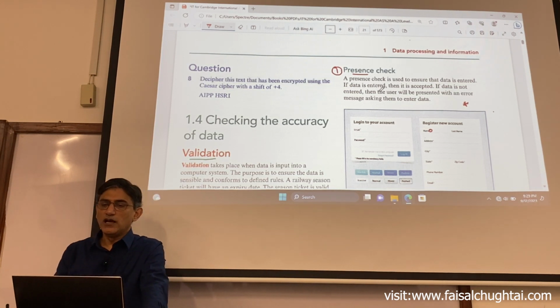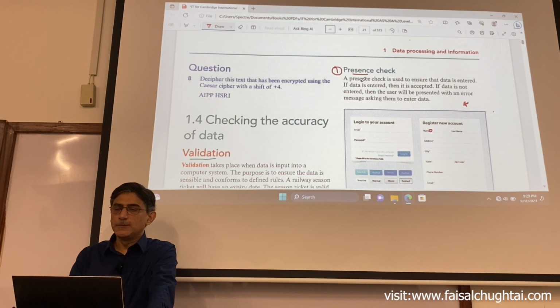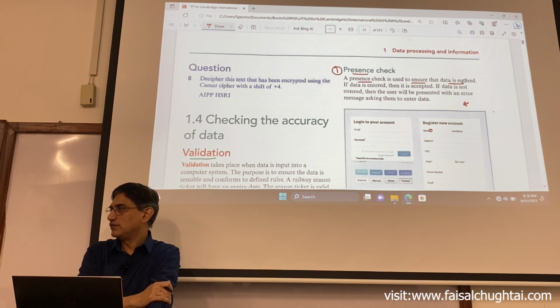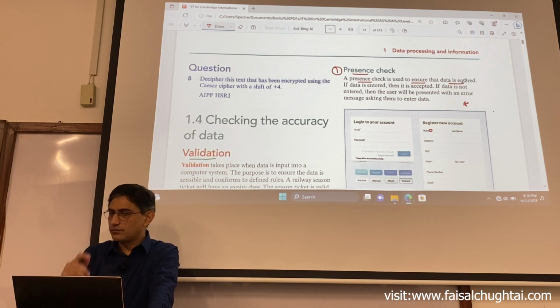It says a presence check is used to ensure that the data is entered. It will ensure that wherever data must be entered, it is entered and it is not left blank. If data is entered, then it is accepted.